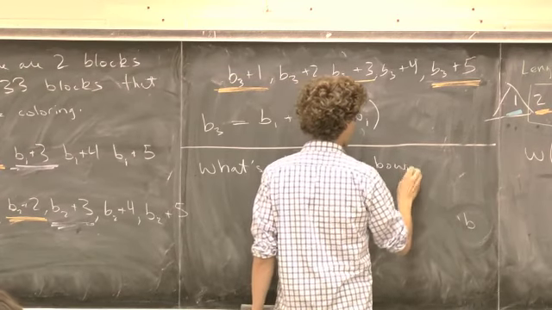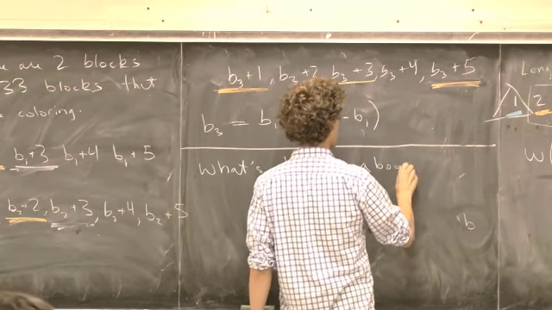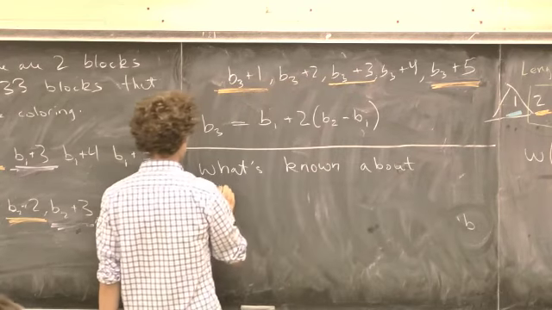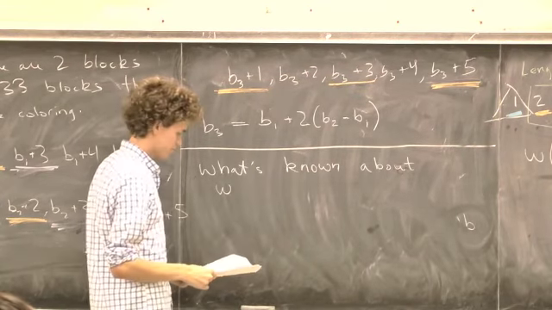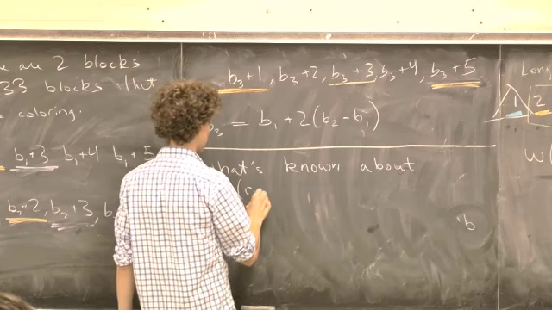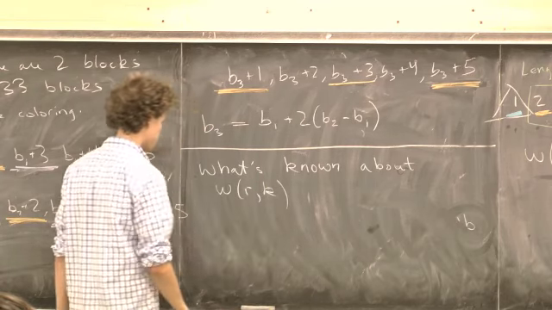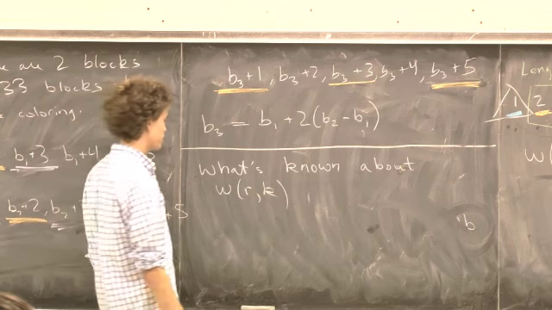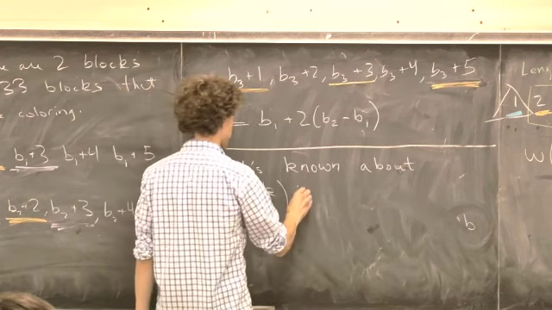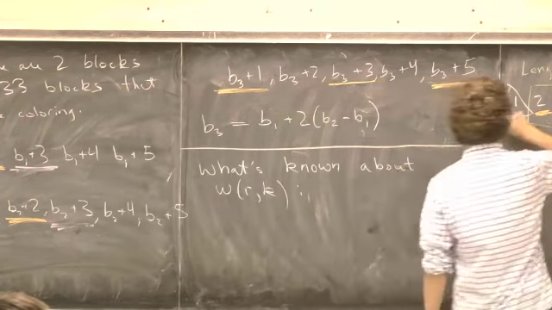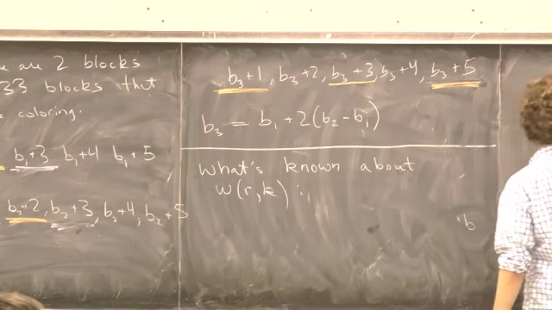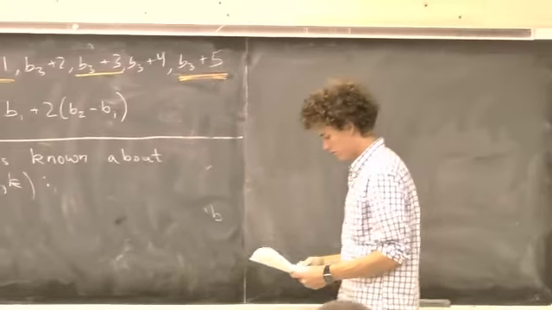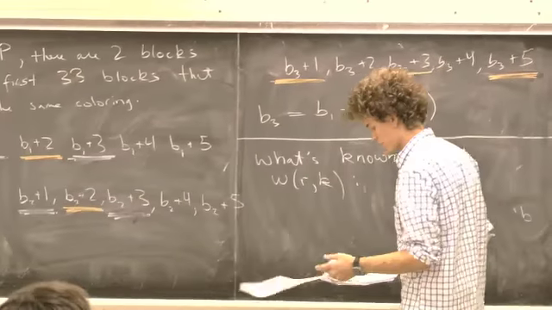What's known about W(r,k)? I should just remember it's not in alphabetical order, and k goes with color. Okay. All right, I will tell you the state of the art of these numbers, because there's not a whole lot.